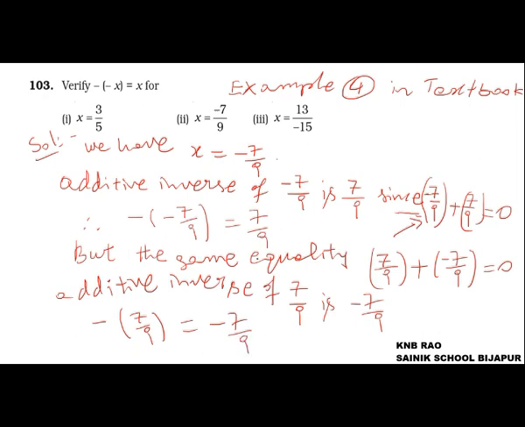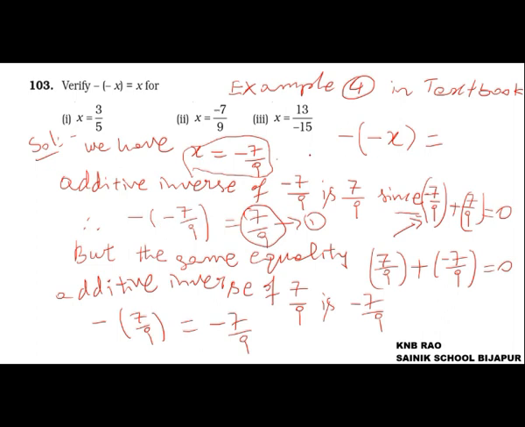Here, if you observe, by substituting this x as minus 7 by 9, it can be brought like this. See, this is the equation 1, minus x. Here I am substituting, instead of this 7 by 9, minus of minus 7 by 9.